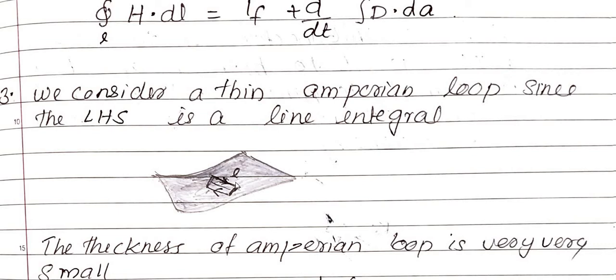This is the upper side of this Amperian loop, and this is the lower side. That paper is taken as an example for the boundary between two media, and the medium above this boundary is different from the medium below the boundary. So this is the boundary, and we consider an Amperian loop of very small thickness.